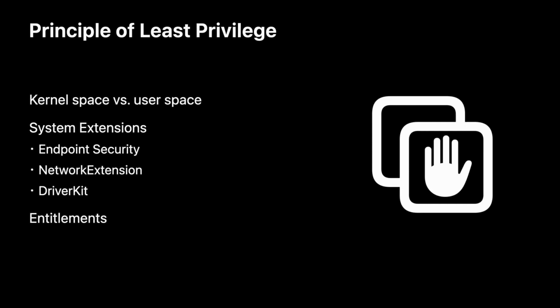By running in user space, system extensions increase the stability and security of macOS. Even though KEXTs inherently have full access to the entire operating system, extensions running in user space are granted only the privileges necessary to perform their specified function.